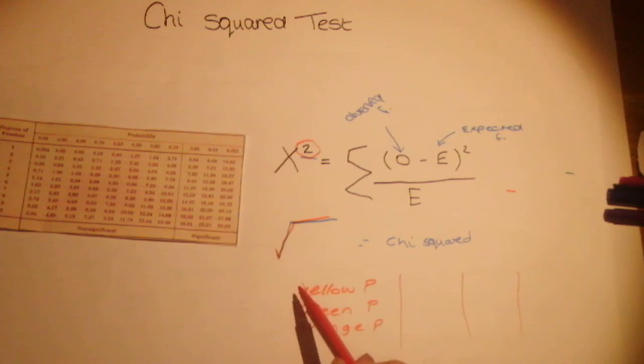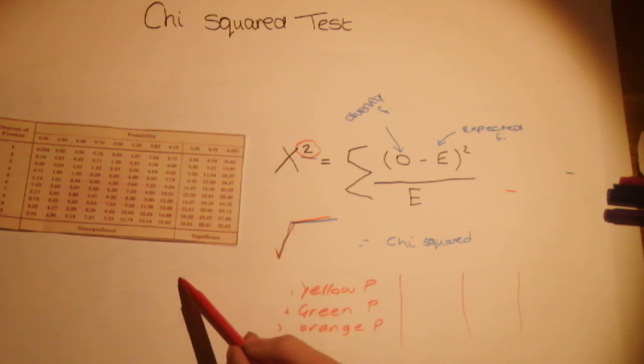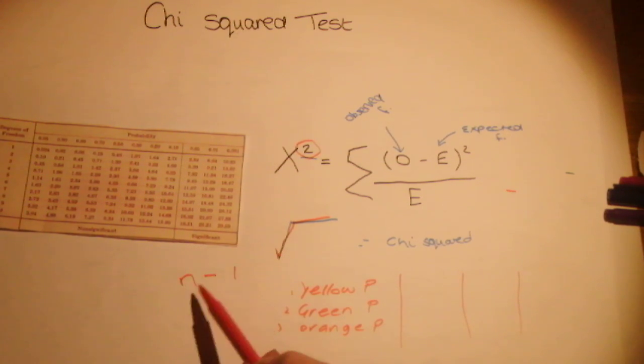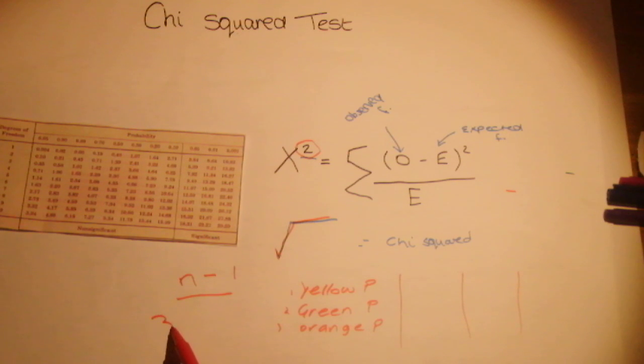This means there's 1, 2, 3 categories. Remember, to get the degrees of freedom it is n-1. So here you've got 3 different categories. That means you do 3 minus 1, which is 2. And this 2 is the number of degrees of freedom.